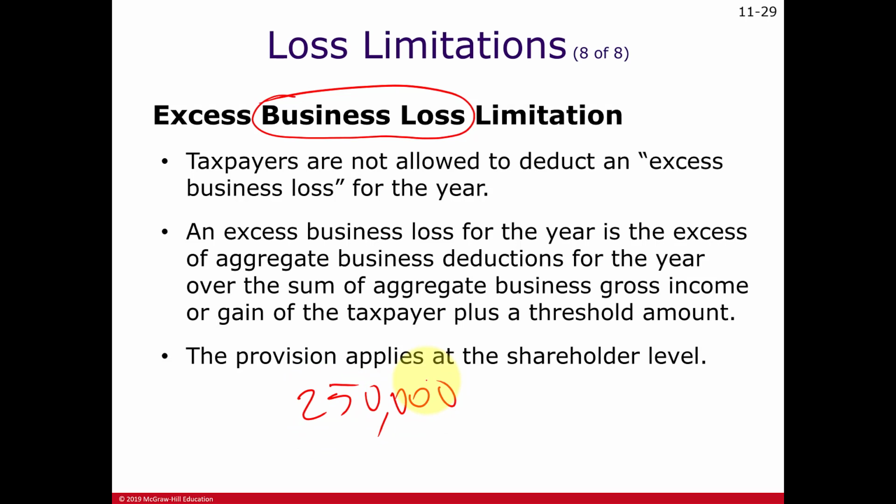Or married filing jointly, you can double this amount of losses again to offset other income, other income beyond business income. Okay, so again, this is a new limitation beginning in 2018. And if there are unused losses, you just carry them over to the following year, again subject to the same dollar limitation.